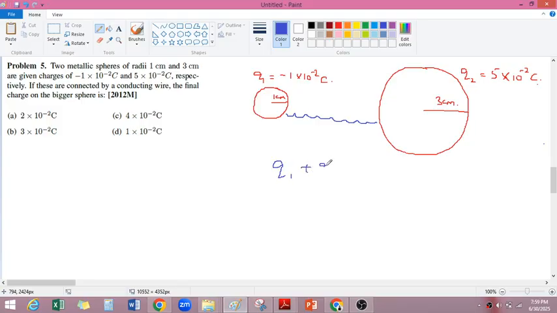Q1 plus Q2 should be equal to Q1 dash plus Q2 dash, right? So final charge on the bigger sphere. So they are asking to find Q2 dash. Q1 plus Q2 is easy, I can add this and this. So minus 1 plus 5 into 10 power minus 2 commonly out.